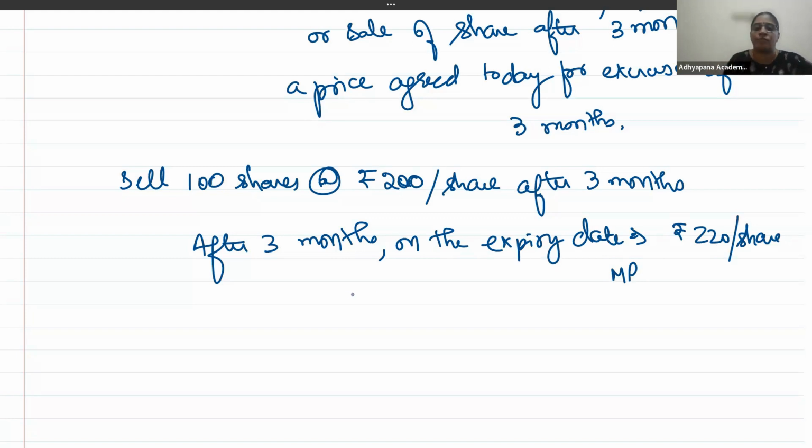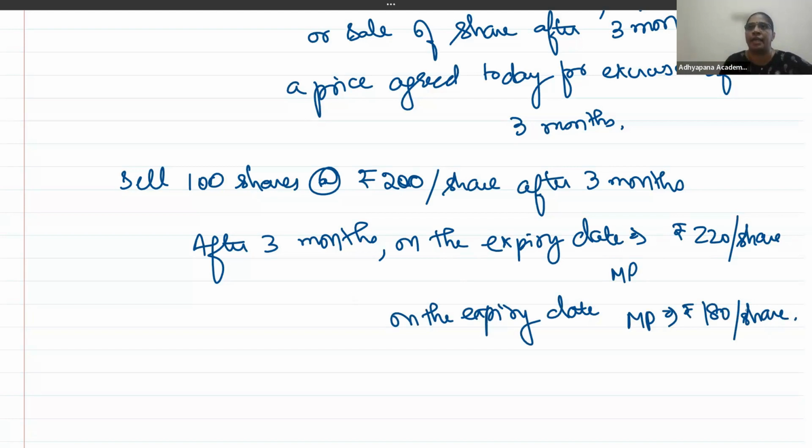But if on the expiry date the market price turns out to be 180 per share, what will happen? The buyer will say, instead of buying from you at 200 per share, I will buy it from the open market at 180 itself and will cancel the contract. So the contract can be exercised or it can lapse on maturity based on the movement of stock price.